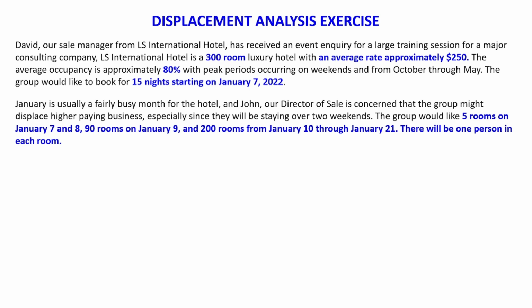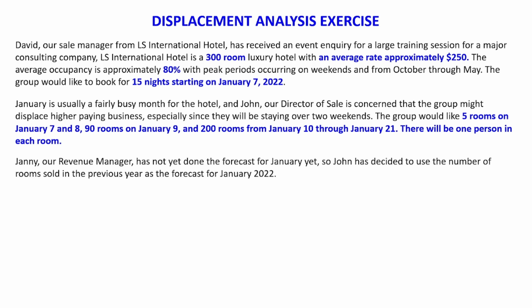The group would like 5 rooms on January 7 and 8, 90 rooms on January 9, and 200 rooms from January 10 through January 21. There will be 1 person in each room. Jenny, our revenue manager, has not yet done the forecast for January, so John has decided to use the number of rooms sold in the previous year as the forecast for January 2022.